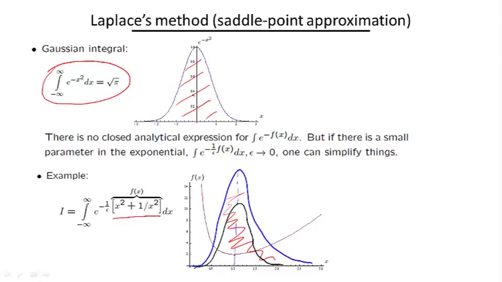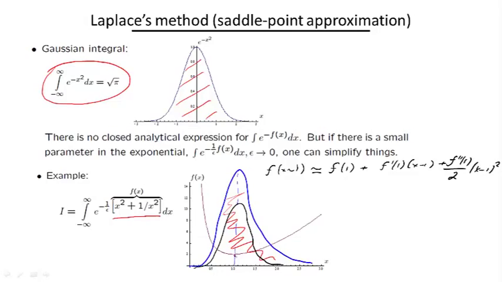The reason for that is because if I expand my function f of x in Taylor series in the vicinity of this point, x equals 1, what I'm going to get is the first term, which is just the value of my function at x equal 1, plus f prime at x equals 1 times (x minus 1), plus f double prime divided by 2 times (x minus 1) squared.